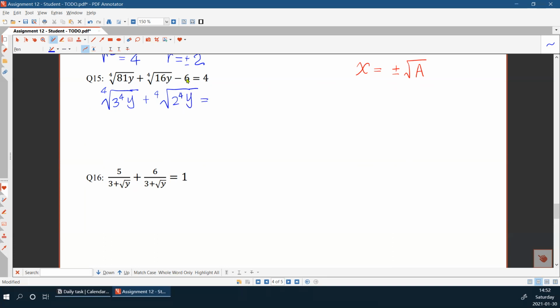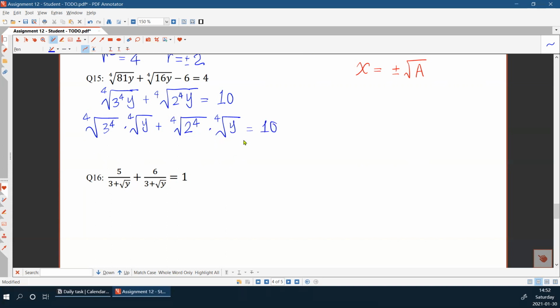Okay, and let's move all the constants to the other side of the equation, which gives us a 10. Okay, and then left-hand side, actually, we have fourth root of 3 raised to the fourth power and times fourth root of y plus fourth root of 2 raised to the fourth power times fourth root of y, correct?